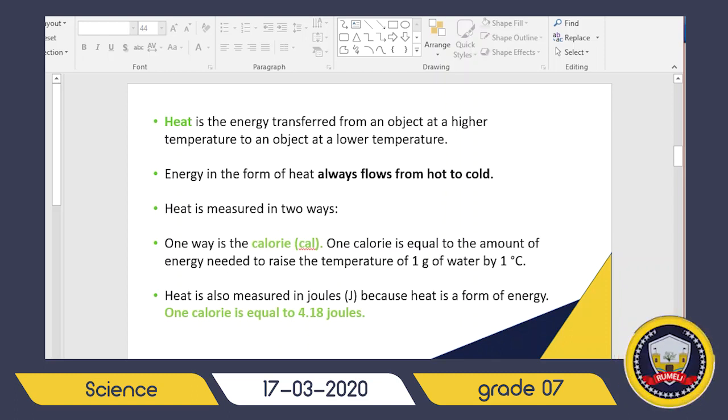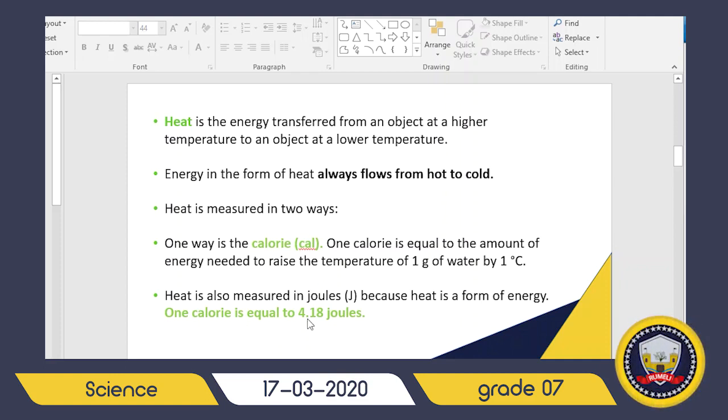Okay, so heat is also a form of energy, and it is measured in calories. The unit that we use for measurement of heat is calorie. Okay, but because it is also a form of energy, it can also be measured by joules. 1 calorie is equal to 4.18 joules. Okay?